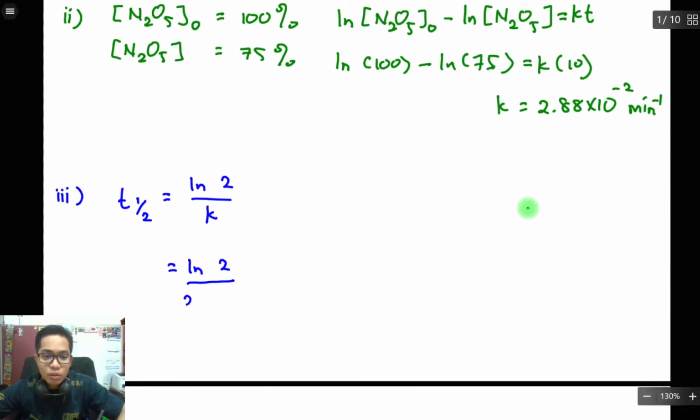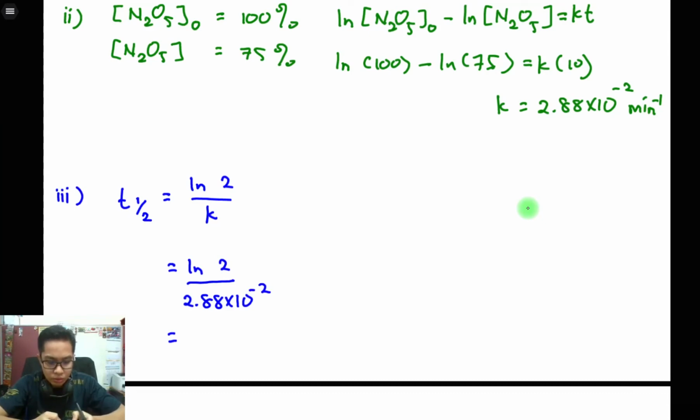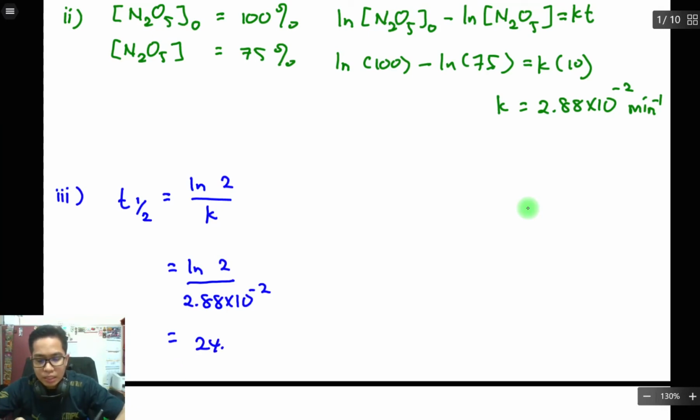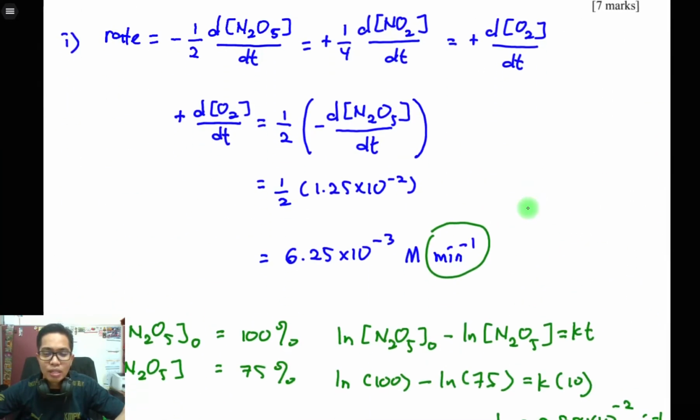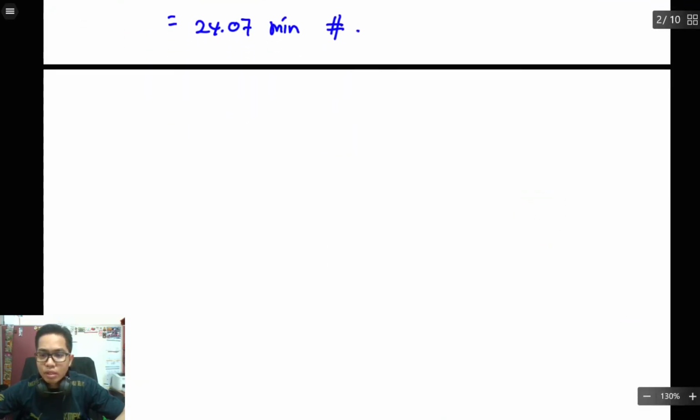Oh, earlier it was 2.88 exponent negative 2, and our final answer will be 24.07 minutes. So that is the answer for question number 13A. Next, let's proceed with question number 13B.